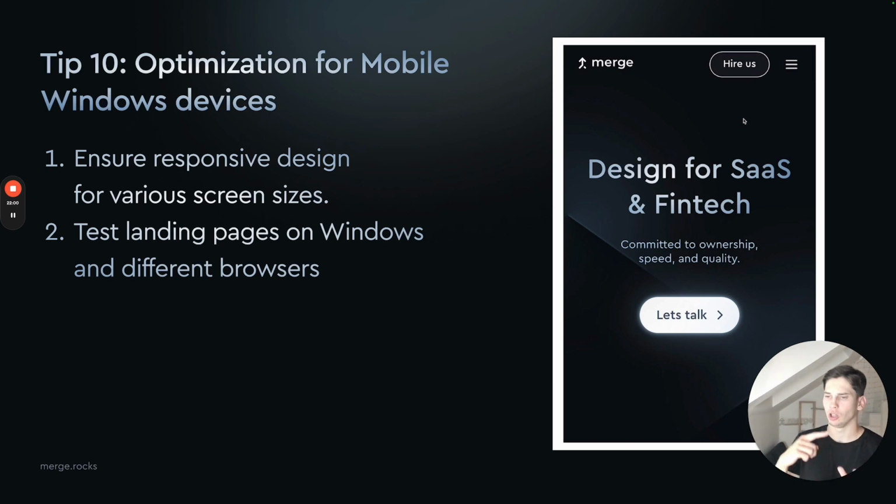Open it on mobile. Open it on an old Windows computer, because most of your users might have a Windows computer. But if your website works badly on Windows, or it is too heavy for old machines, you will lose conversions, and you should just take care of all of your target audience.